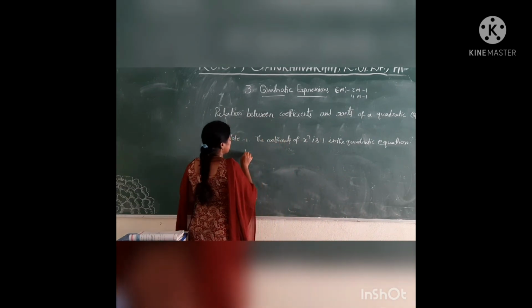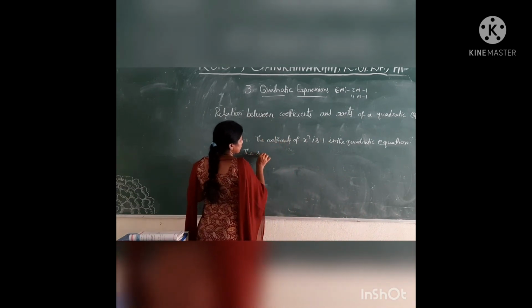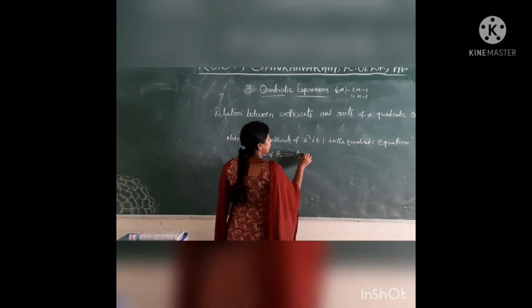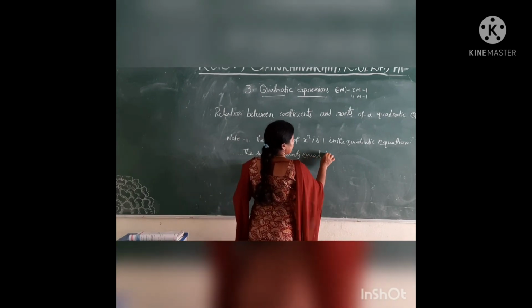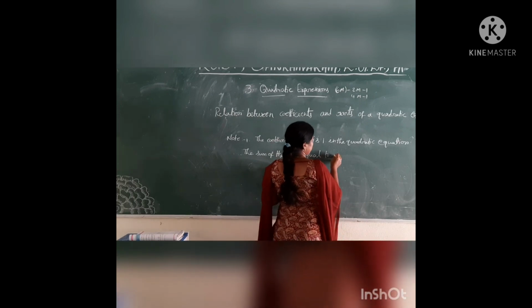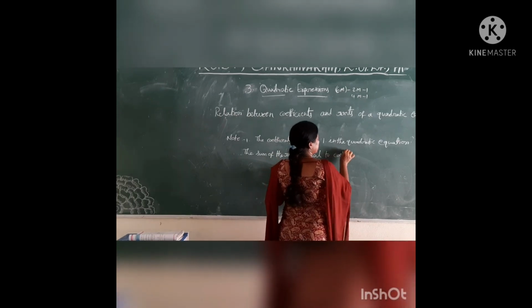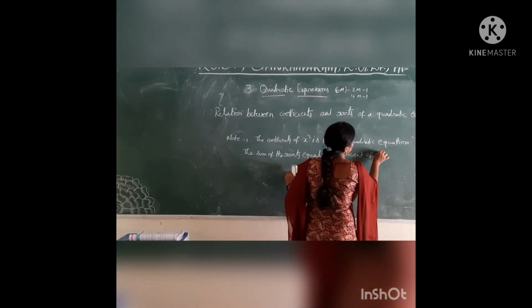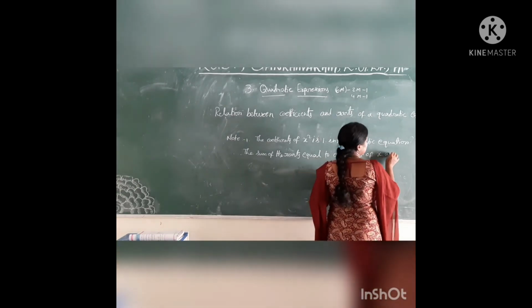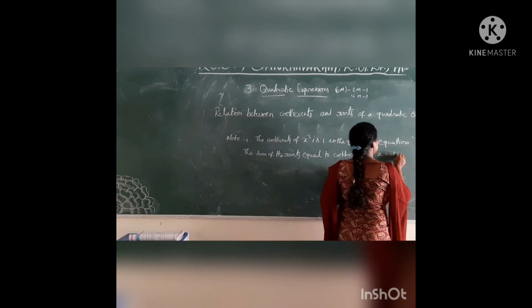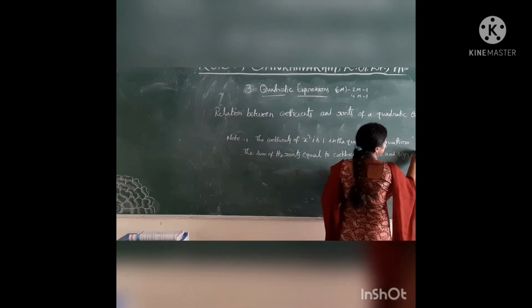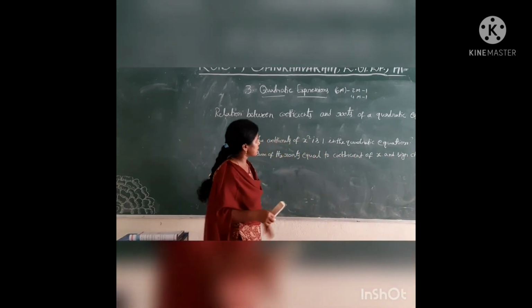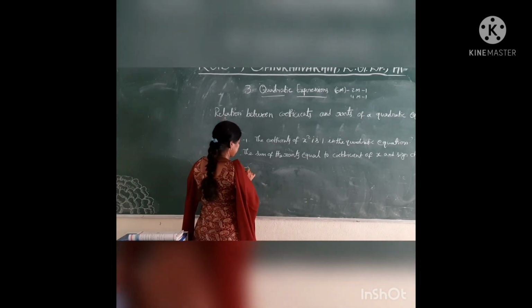The sum of the roots is equal to the coefficient of x with the sign changed. Okay, here the coefficient of x square is 1, suppose like that.